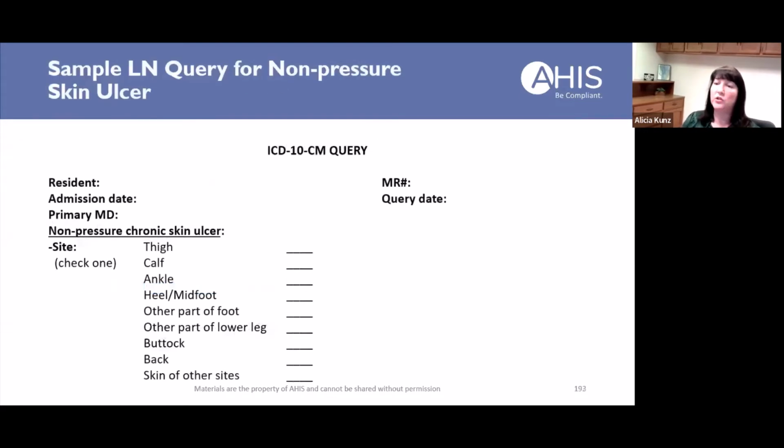But this is what the query tool looks like. At the top of the page, this is the top half, it's broken into two slides here. You put the resident's information, the date of the query, and then you would just put, for instance, if they had a diabetic ulcer on their right calf, next to the word calf, I would type right diabetic ulcer, and then I would hand that over to the nurse.